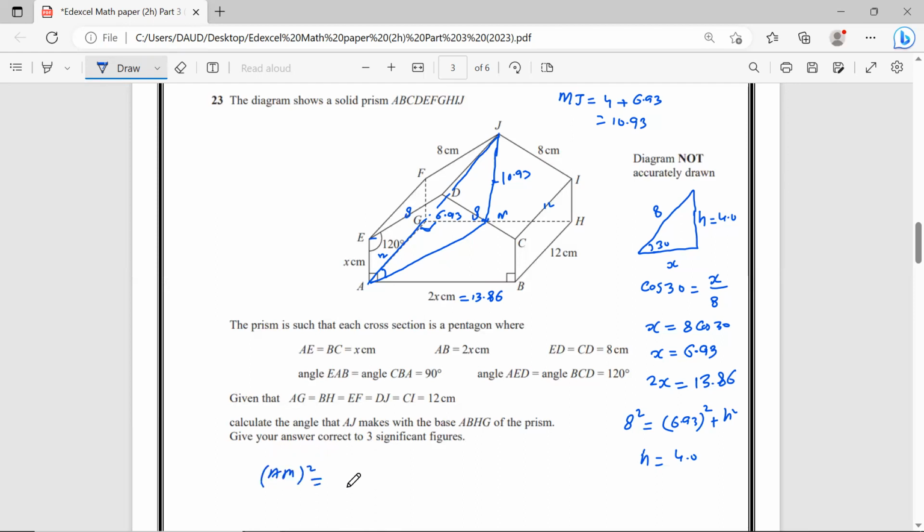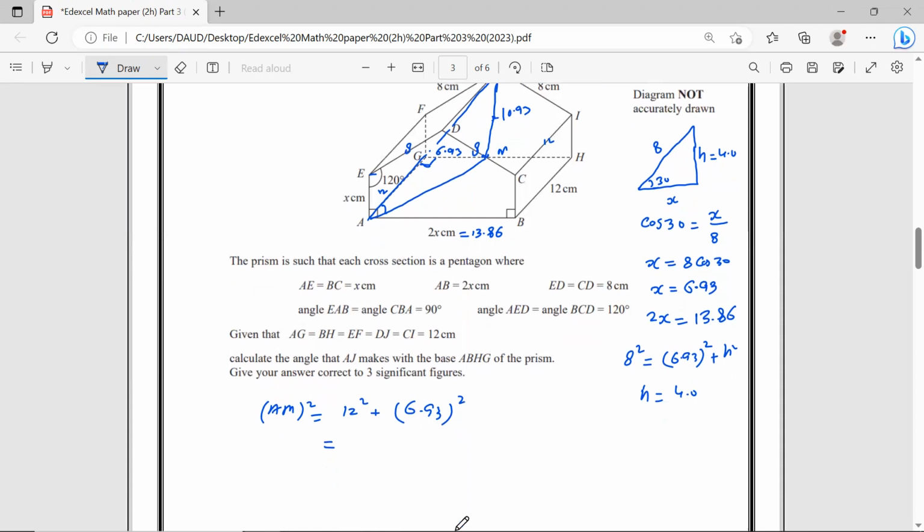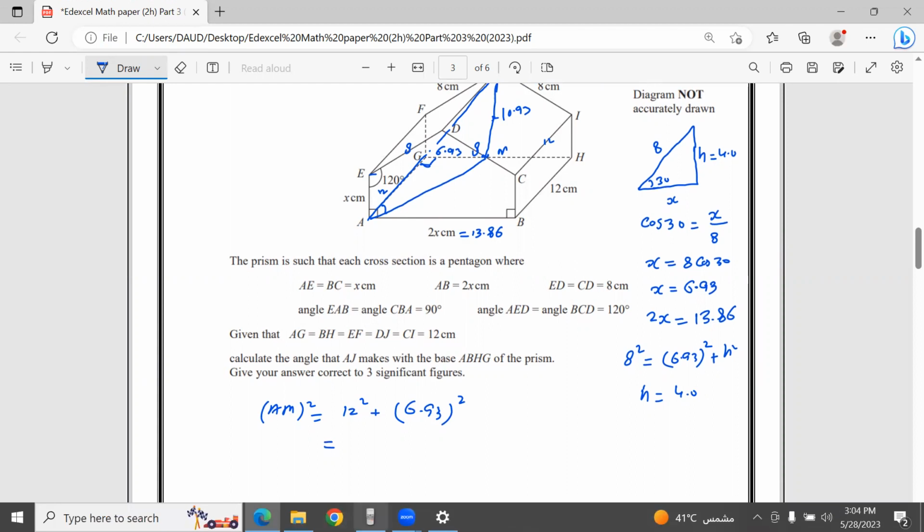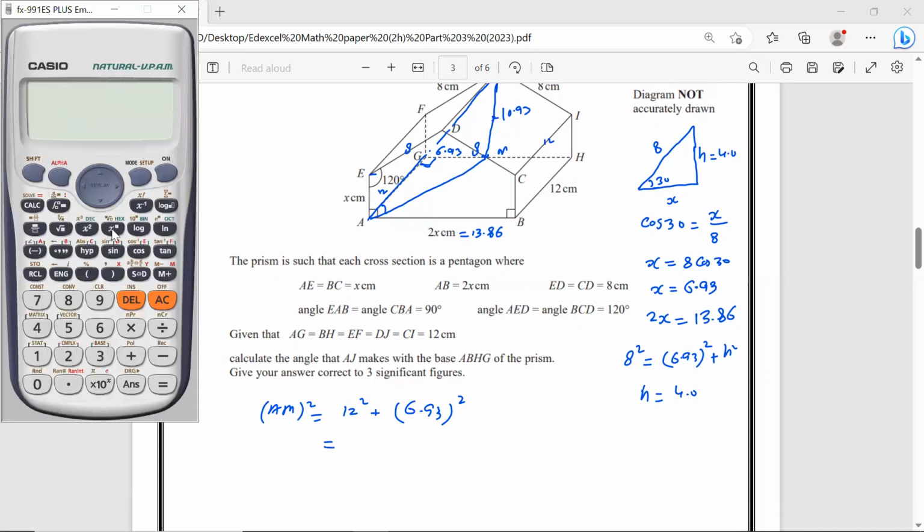AM whole square is equal to 12 square plus 6.93 squared, which gives us, if we check in calculator directly, 12 squared plus 6.93 squared, and square root of the answer, that is equal to 13.9.